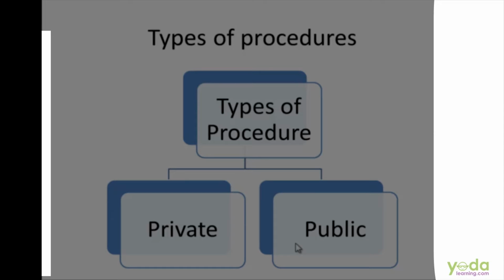A procedure with public scope is accessible to all the procedures in every module in the workbook in which the procedure is declared, and in all the workbooks that contain a reference to that workbook. By default, procedures have public scope.